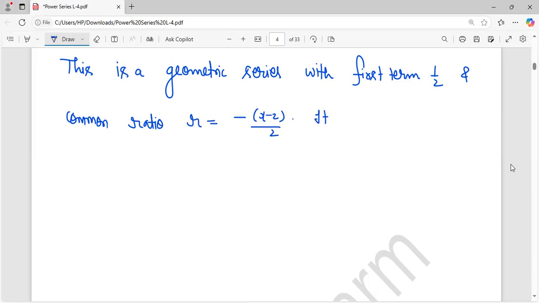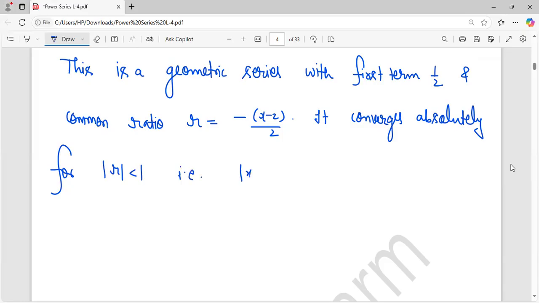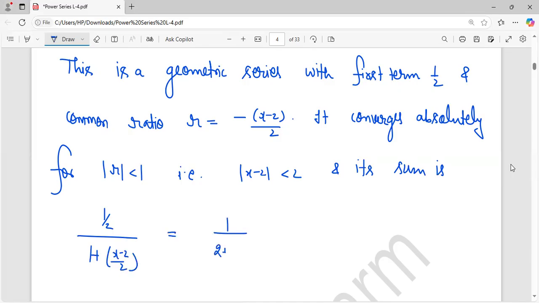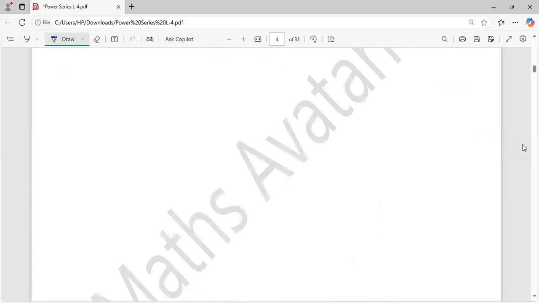It converges absolutely for those x where the absolute value of r is less than 1, and its sum is 1 upon x. Okay, so this is the example.